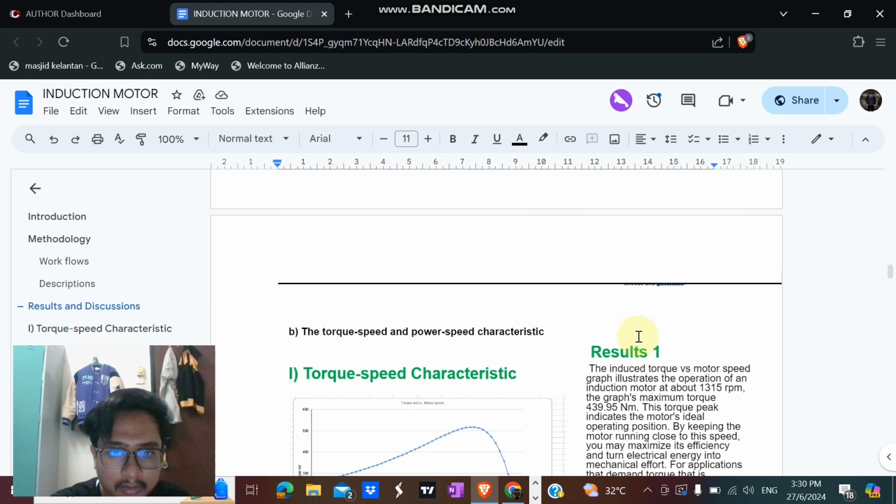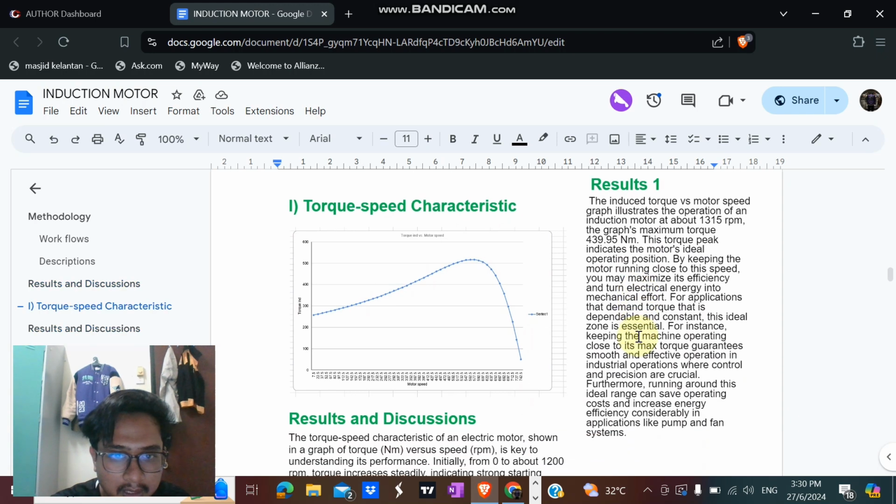Alright, so we can look at the graph. The result is that the induction torque versus motor speed graph illustrates the operation of an induction motor at about 1315 rpm, with the graph's maximum torque at 49.95 Nm.